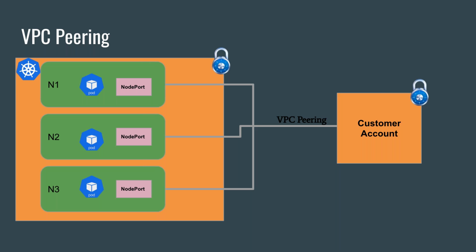Here, there are some advanced cases, and you need to carefully track this operation, because, for example, there can be some inter-region communication, right? The customer account is inside US West 2, and they deploy their cluster into, for example, AP South 1.